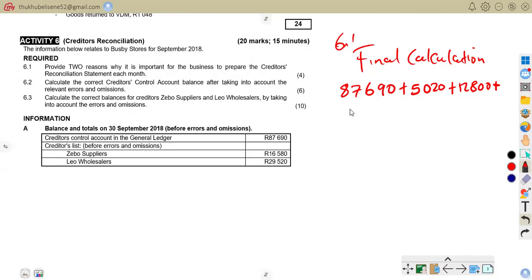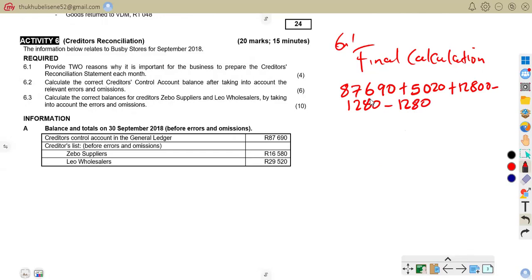So now we are to have what? Minus now. So we have added 12,800. Now we are to minus 1,280, not 12,000, but 1,280.